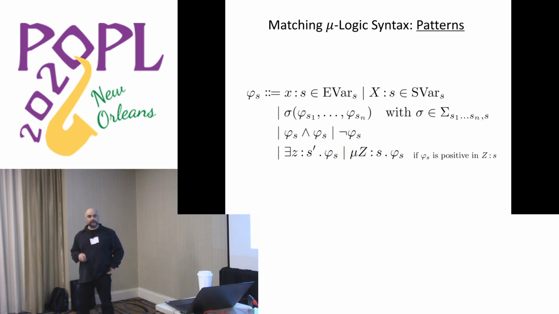In the end, we decided to stick to a simple existential binder, but you can only quantify existentially over element variables, not over set variables. And for least fixed points, we added a mu binder, which you can only bind over set variables. Right, so that's the syntax.